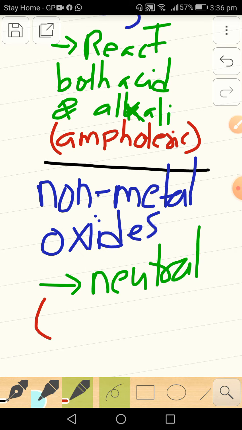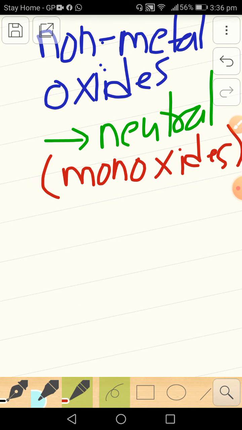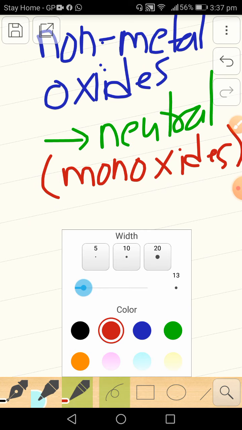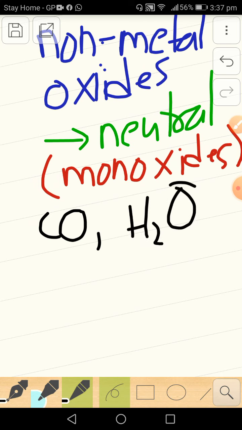It's the monooxides. Monooxide means containing one oxygen in the compound. And the dioxides and trioxides, they are all acidic. Monooxides are neutral, like CO, the carbon monoxide, then H2O. Look, here is also one oxygen, so this is also neutral. Okay, so these types of oxides, the monooxides, they are all neutral.